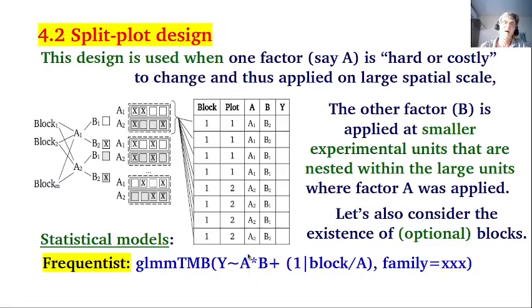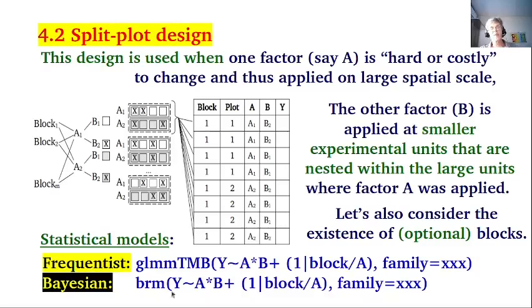We want to estimate the single level effects and the interaction between the experimental factors A and B, and here we indicate the random effects, in which we have a nested structure of the random effects to depict the actual structuring of experimental units within the levels of A. So here we have one vertical bar block, if we have a block, dash A, this is going to be explained in the coming slide, and family, whichever family we use to model the response variable.